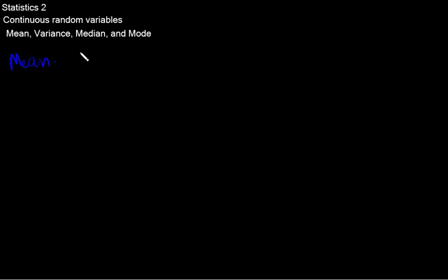So let's just say you have a graph, and the graph looks something like this. P stands for probabilities. Now you need to find the mean.